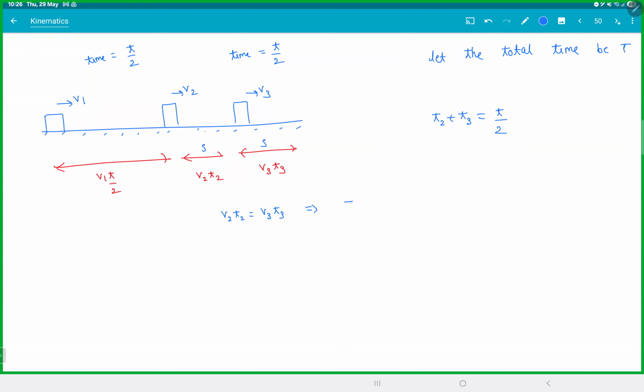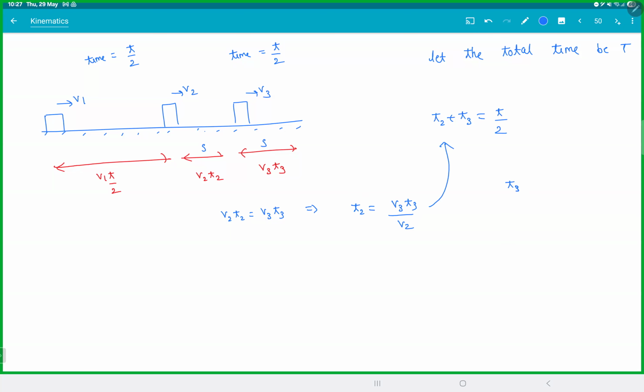So from here I get a ratio: V2 by V3 will be in the ratio of T3 by T2. And I hope everyone knows how to find the ratio here. So this is there, I can just substitute. Let me calculate that for you. So V2 will be V3 T3 by T2. I'm trying to find time now, so T2 is V3 T3 by V2. Take this and substitute here.